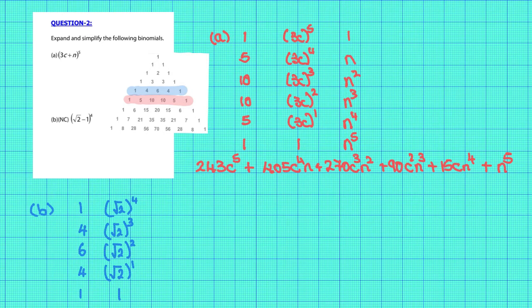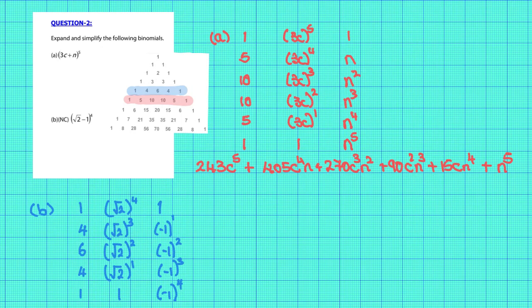Now write down the powers of minus 1. So it's minus 1 to the power of 0, which is 1, minus 1 to the power of 1, minus 1 to the power of 2, minus 1 to the power of 3, minus 1 to the power of 4.